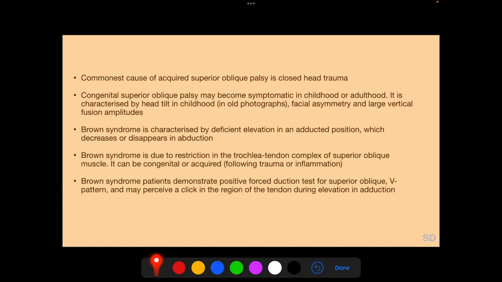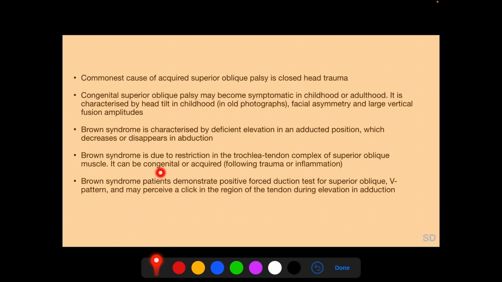Brown syndrome is characterized by deficient elevation in an adducted position, and this deficiency in elevation decreases or disappears in an abducted position. Brown syndrome is due to restriction in the trochlear tendon complex of the superior oblique muscle.